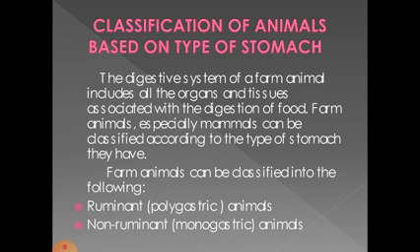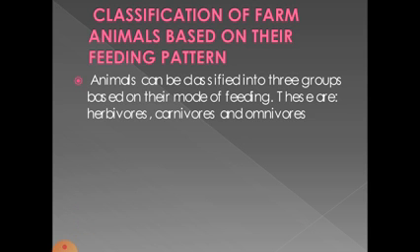The second class of animal based on the stomach type is non-ruminant or monogastric animals, which are animals that have a single stomach compartment. Examples of ruminant animals are cattle, sheep, and goats, while examples of non-ruminant animals are pigs, poultry, etc.